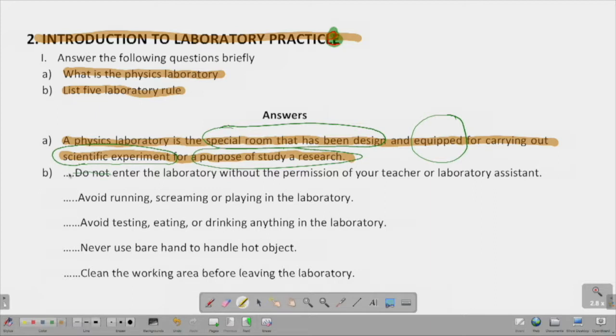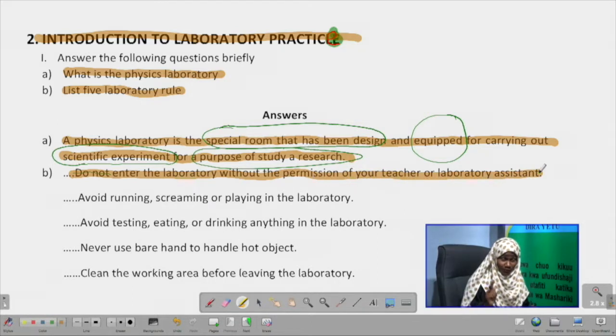The first rule says, do not enter the laboratory without the permission of your teacher or laboratory assistant. This is very important because in the laboratory rooms, we have some dangerous chemicals that we put there. We have some heavy machines that might be very harmful when they fall on you. You see? So that's why you should never enter a laboratory room without the permission of your teacher or laboratory assistant. That is the first rule.